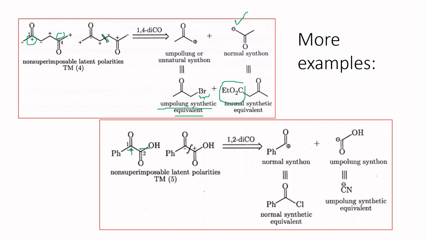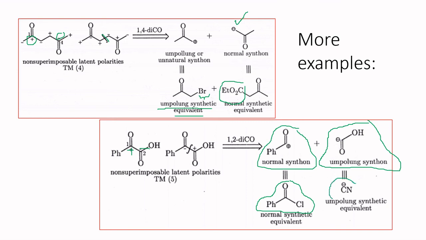When we break the molecule, we get one normal synthon and another umpolung synthon. The normal synthon is equivalent to an acid chloride, while the umpolung synthon can give us something like a cyanide ion. That's all for latent polarity. In the next video, we will show you how to solve problems related to this topic.